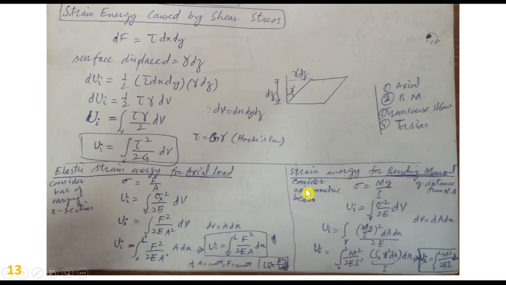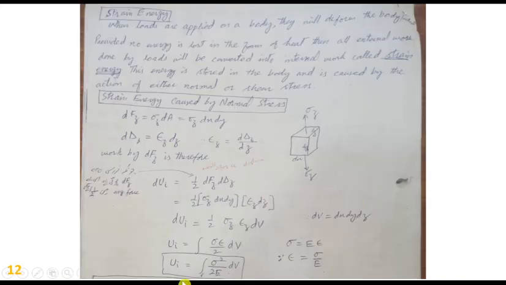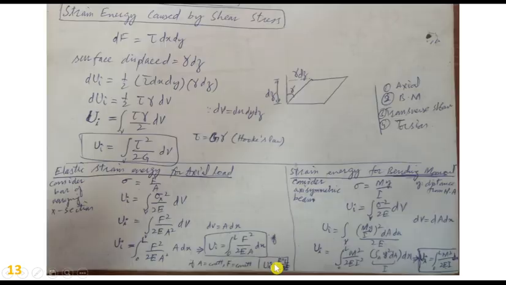From the bending equation we have sigma over y is equal to M over I, so sigma will be My over I. If we put the value of sigma in the strain energy equation caused by normal stress, and put dA dx instead of dV, then after simplification the overall result is that strain energy due to bending moment is equal to the integral from 0 to L of M square over 2EI into dx.